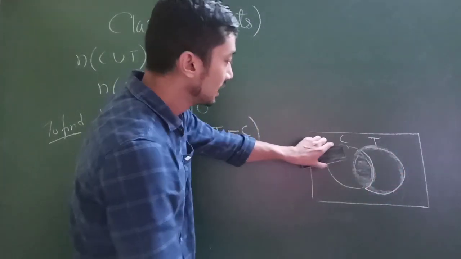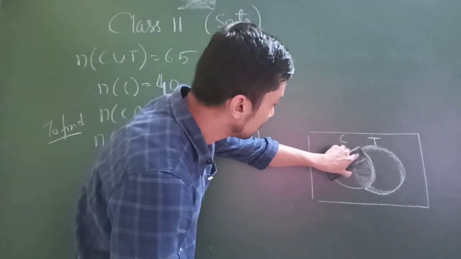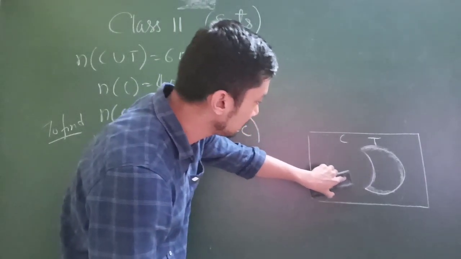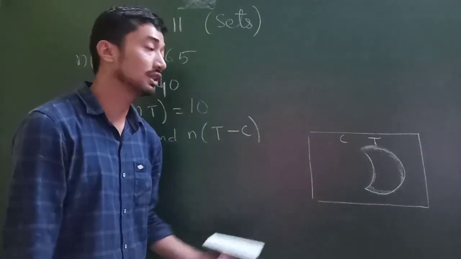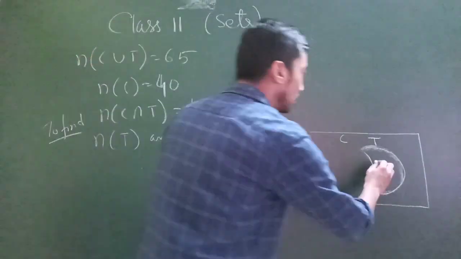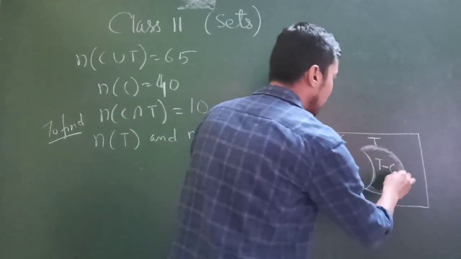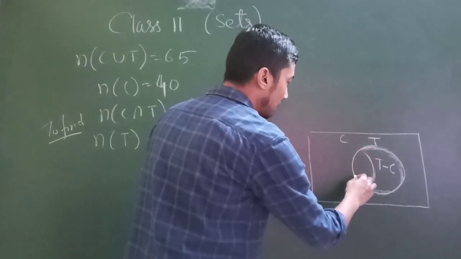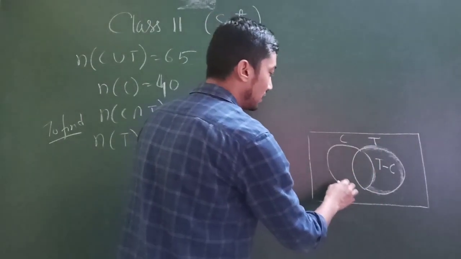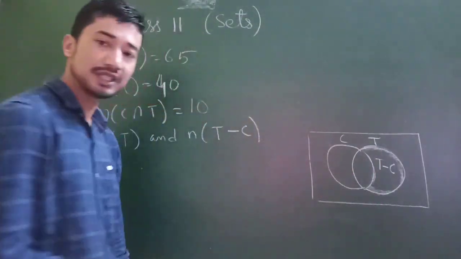Let me try to draw the diagram. They want this half moon part only, that is, pure tennis. That is going to be T minus C. Second question, they want the complete part of tennis, that includes a little bit part of C also.